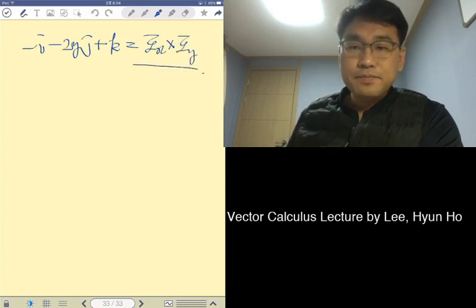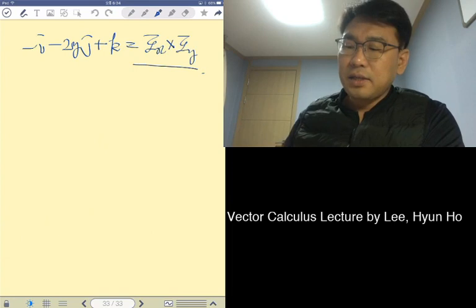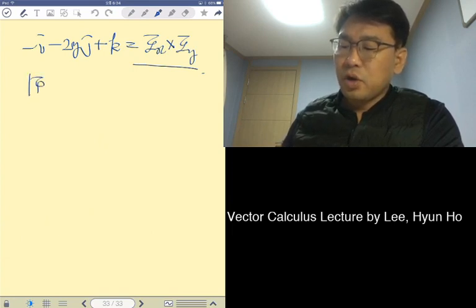The size of that is the square root of 1 squared plus (2y) squared plus 1 squared, that is, the square root of 1 plus 4y squared plus 1.